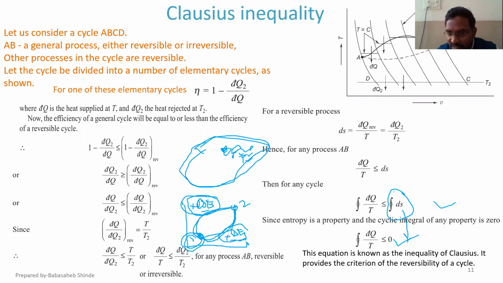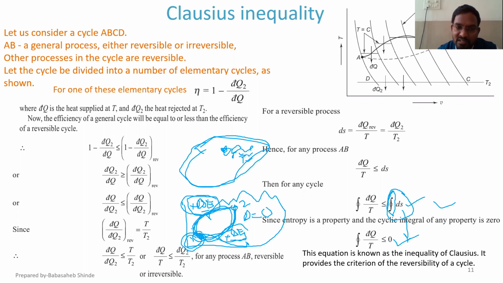And cyclic integral means the process has completed one cycle. If entropy is considered a property of the system, and the cycle starts from here, undergoes some random number of state changes and returns to its original state, then all the properties must have their original values, so that delta has to be 0.